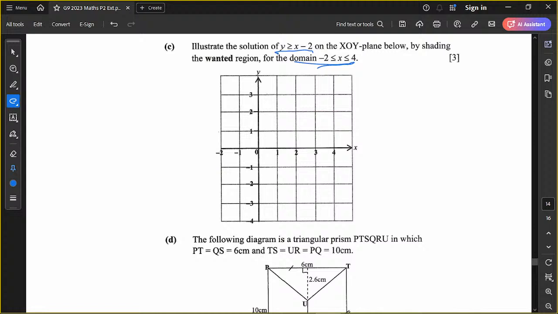This set is starting from negative 2. Remember, they are saying is less or equal to. So we say negative 2, then from negative 2, comma, negative 1, then comma 0, then comma 1, comma 2, comma 3, comma 4.